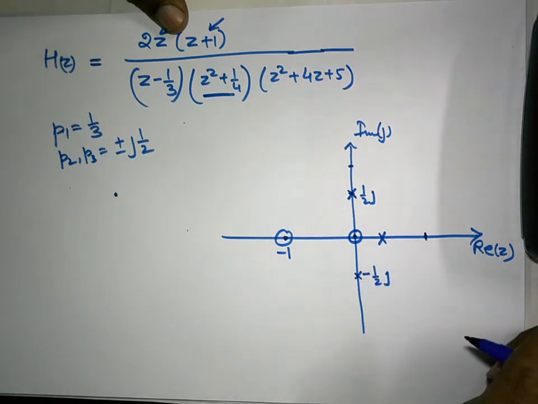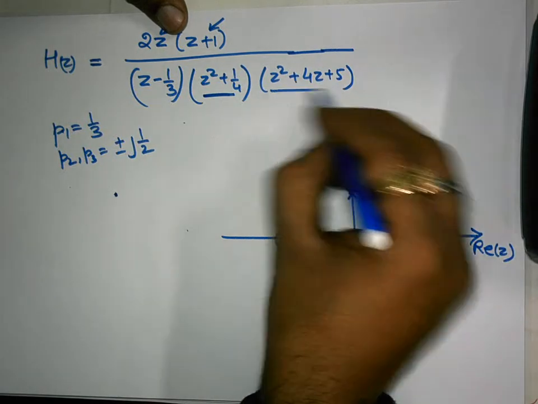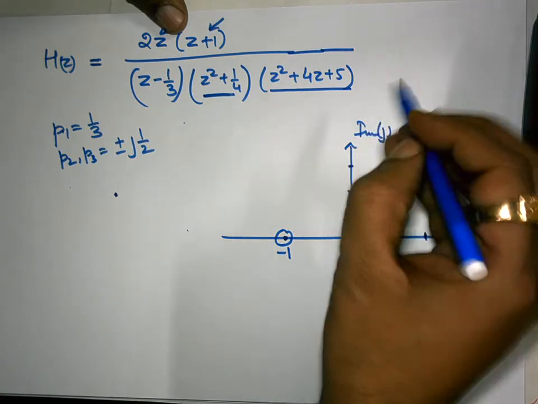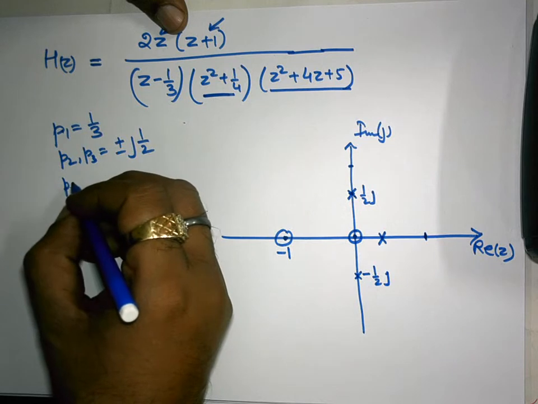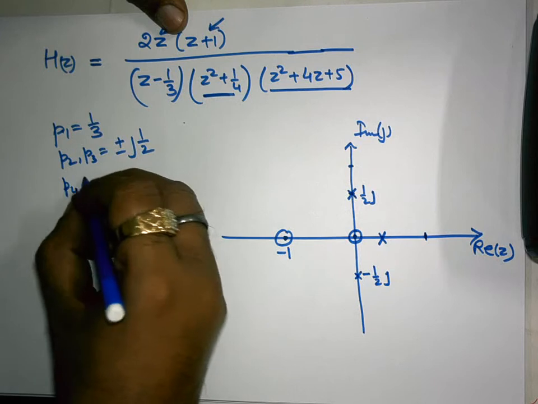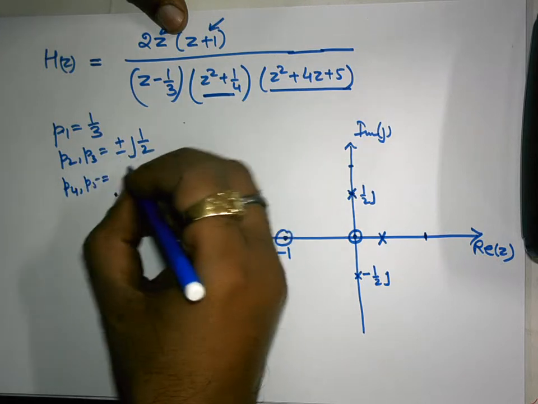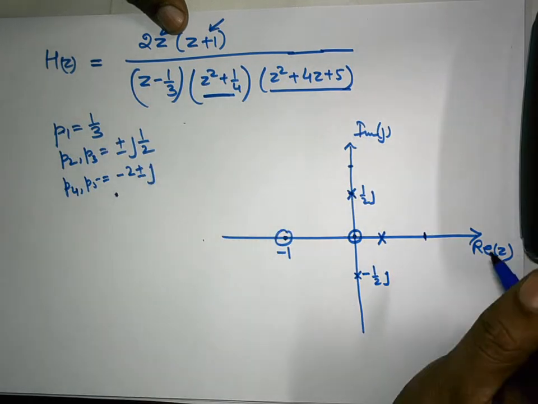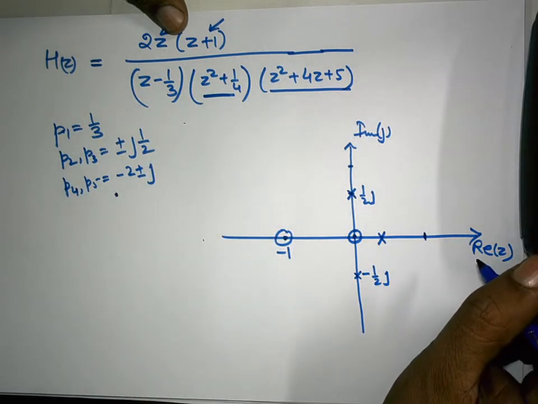What about the poles which correspond to the roots of this equation? It will also give you two poles. You evaluate it, P4 and P5 will be minus 2 plus minus j. You can evaluate it by using the expression minus b plus minus under root b square minus 4ac by 2a.